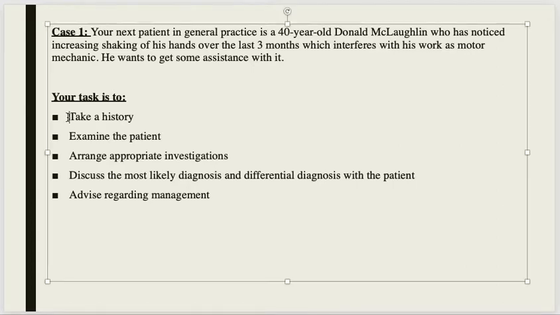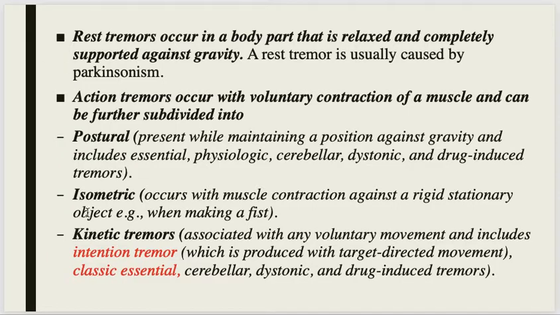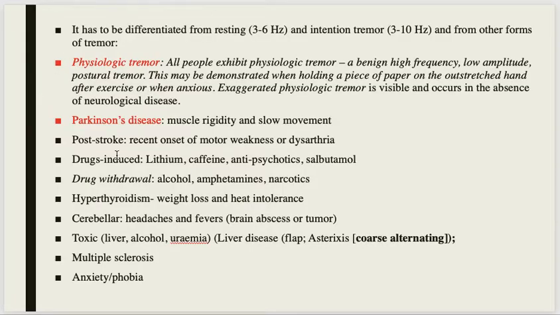Okay, so you have to take the history. When you know the types of the tremors and the causes of the tremors, in the history you have to ask all about that. Okay, you'll be looking for all about that.